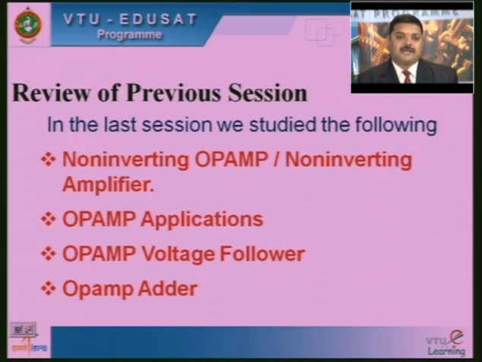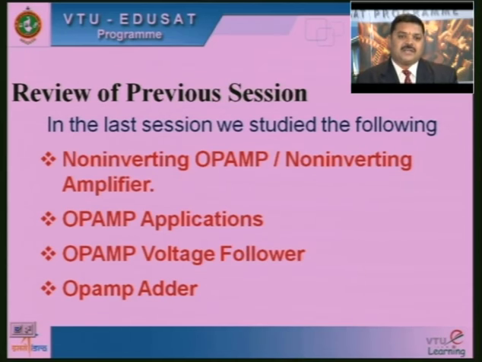In electronics applications, we come across what are called loading problems. Wherever a loading problem is there in electronic circuits, we must do some impedance matching. To do impedance matching, we use a buffer circuit, which is usually the voltage follower circuit that we discussed.